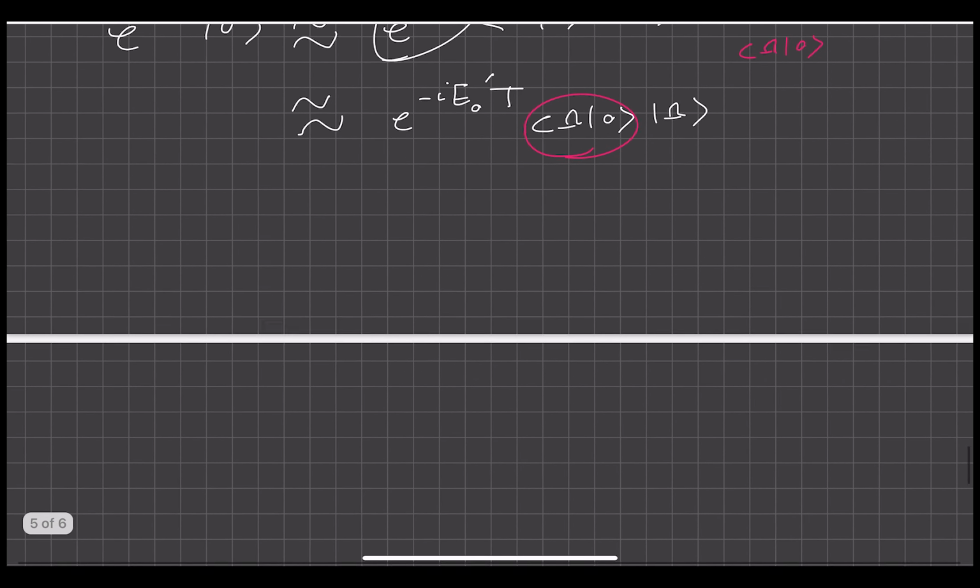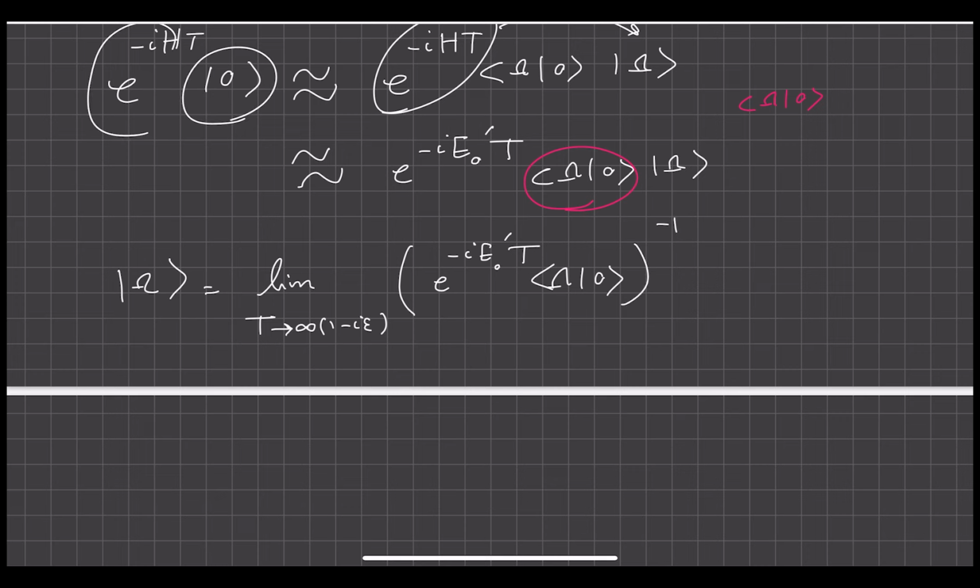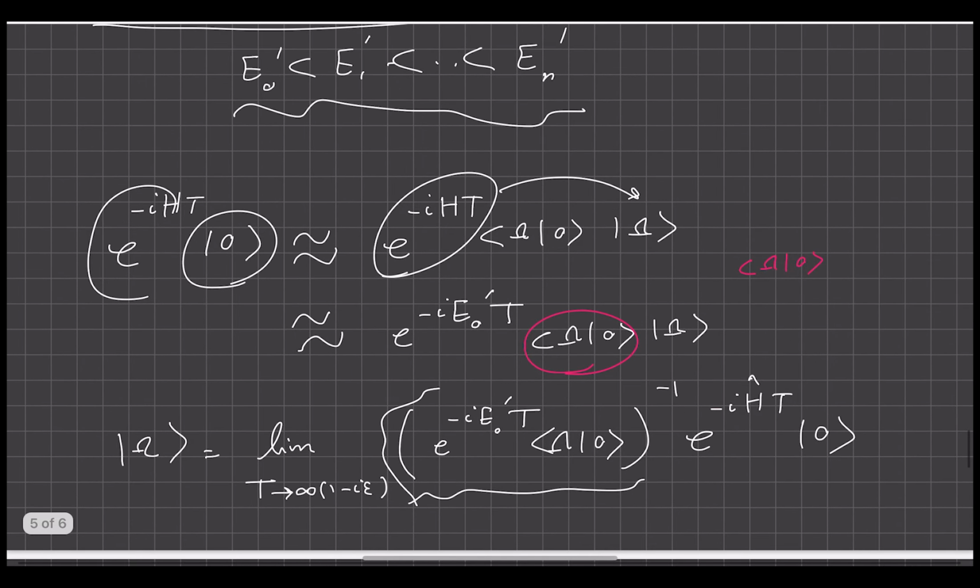So what's the trick? Now from this, you can say the state omega is equal to the limit of t goes to infinity minus i epsilon of the exponential of minus E0' t over omega 0, with a minus 1 because this is on the other side, of e to the minus i H t over 0. So what I basically did is multiply the right side factor into this argument.